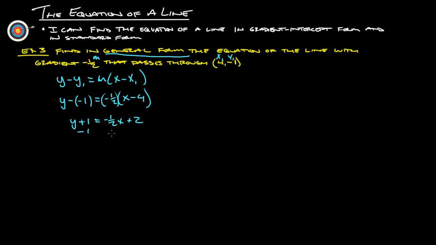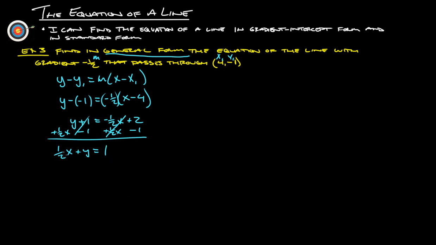So let's move the constant over, subtract 1, and move this x over, add 1/2 x. We have 1/2 x plus y equals 2 minus 1, which gives us 1.